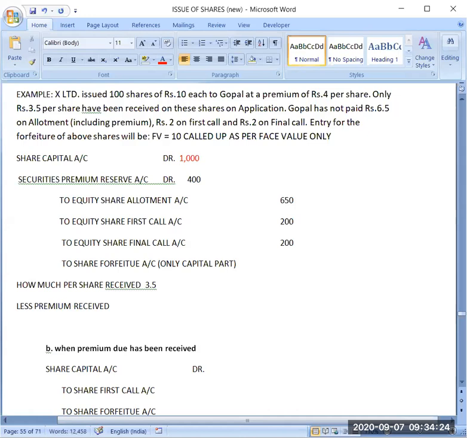If you have received any premium in 3.5, have you received any premium in 3.5? No, there was no premium. So if you are receiving some premium, then you have to reduce that premium from here. So that's why it will be 3.5 multiplied by 100, 350.